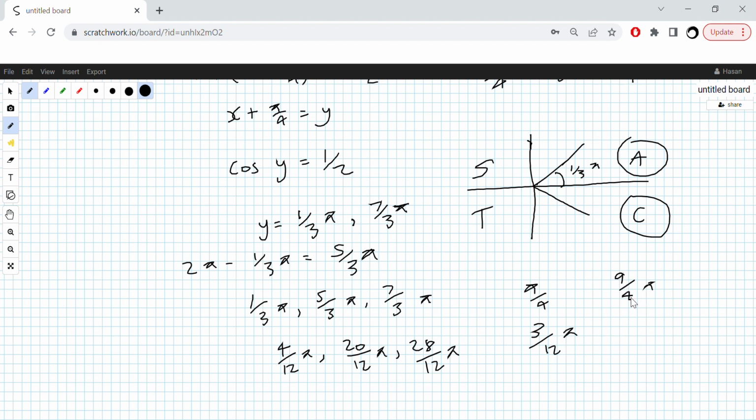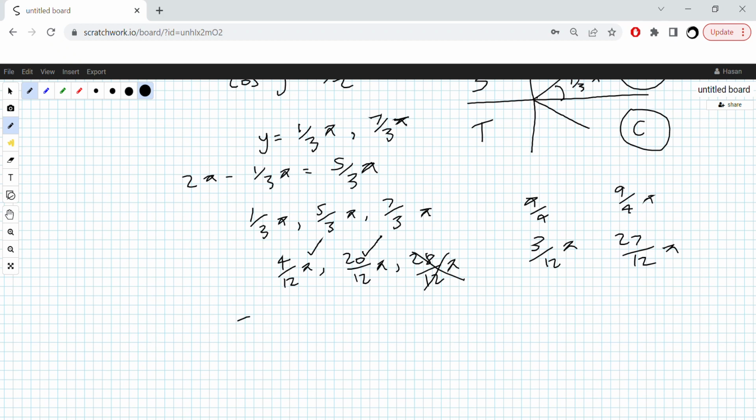And this is 27/12 π. So this is the lower limit, this is the upper limit. This is above the lower limit and below the upper limit. This is below the upper limit, above the lower limit. This exceeds the upper limit, so we can't have this. Therefore we're going to have 4/12 π and 20/12 π.